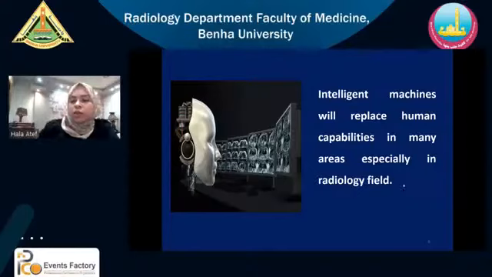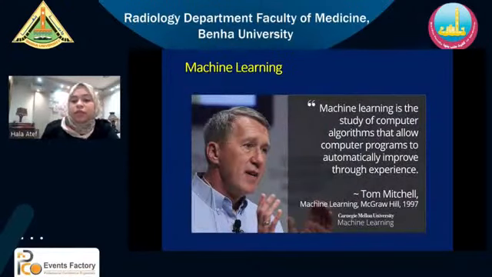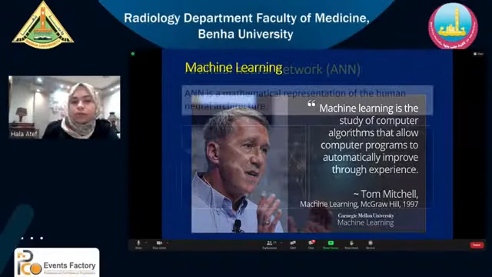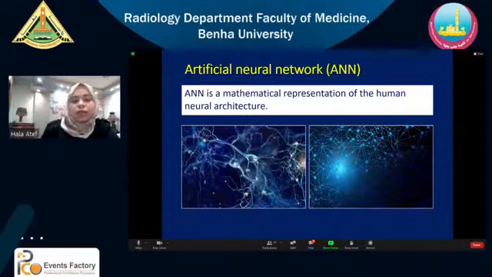Intelligent machines will replace human capabilities in many areas, especially in the radiology field. Machine learning is a study of computer algorithms that allow computer programs to automatically improve through experience. Deep learning depends on artificial neural networks, which are a mathematical representation of the human neural architecture.